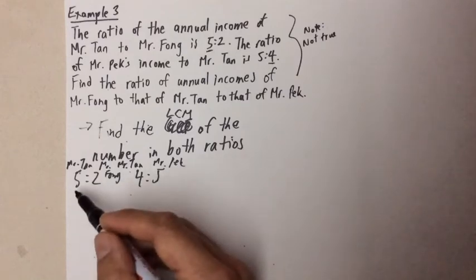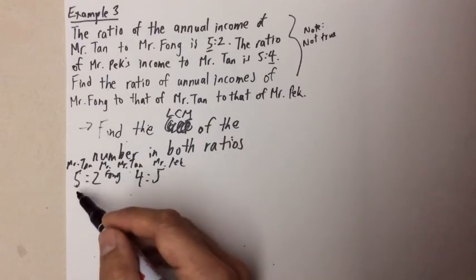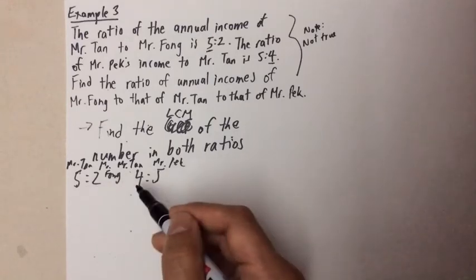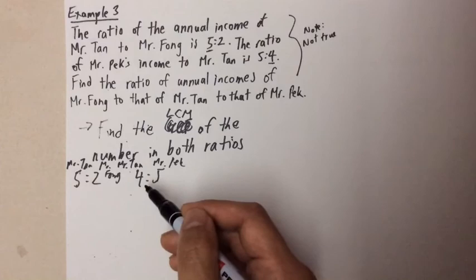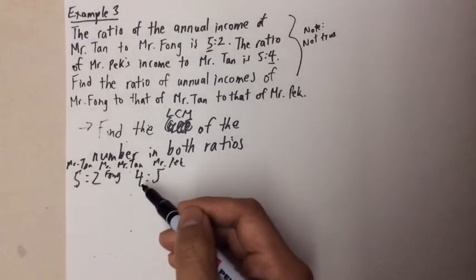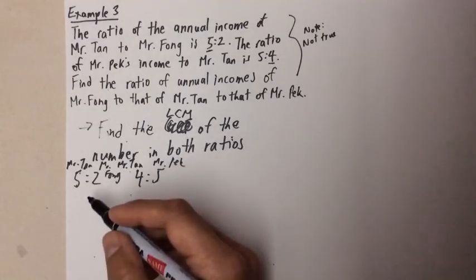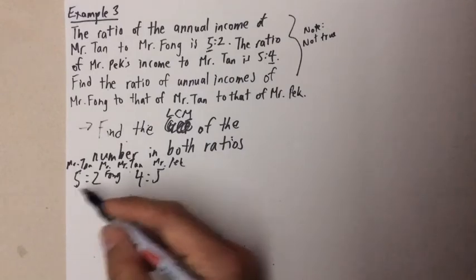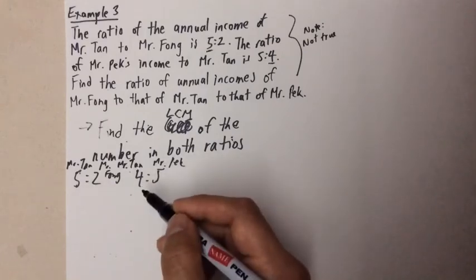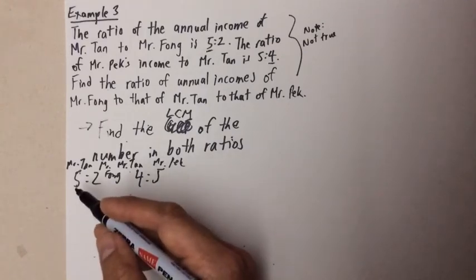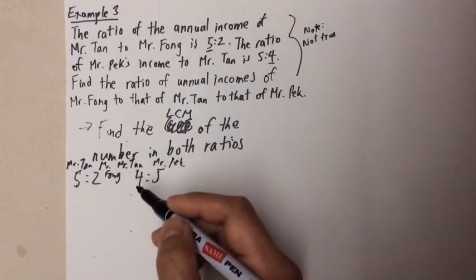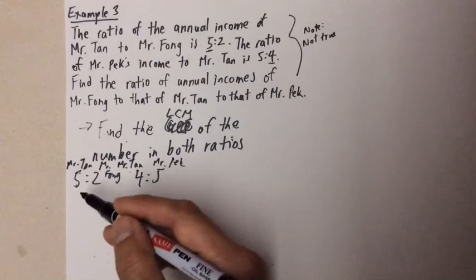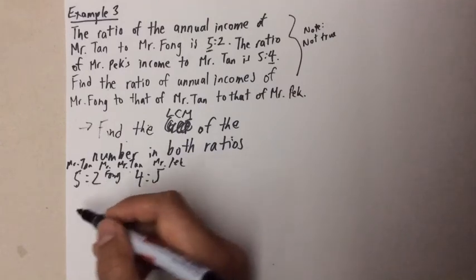Now we need to find a common number for Mr. Tan's income for both ratios, so we find the lowest common multiple. We can multiply these two numbers by 4 and these two numbers by 5. Why is that? Because the lowest common multiple of 5 and 4 is 20. So we multiply both numbers here by 4, and these two numbers by 5.